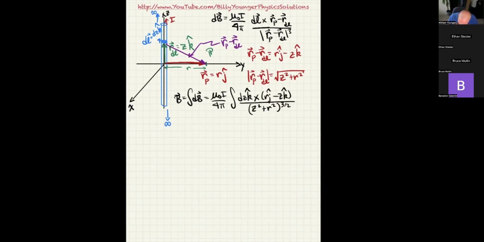So I'll write it here, note: dl cross r_p minus r_dl gives you basically a negative i hat times some stuff. But the main thing is the direction's in the negative k hat direction.